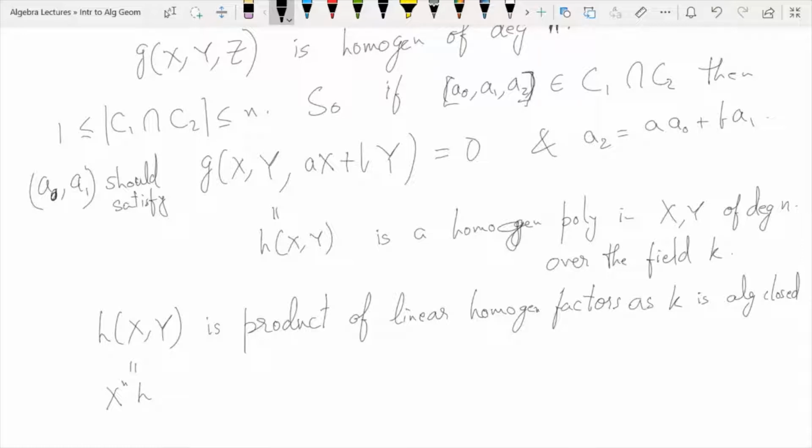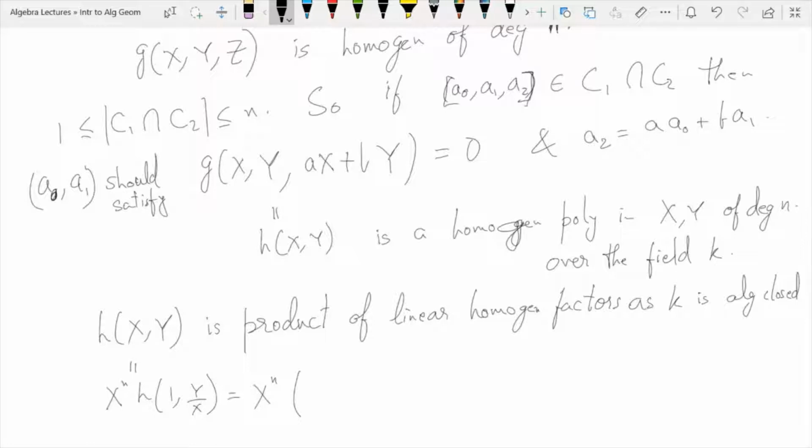Now it is a polynomial in one variable Y over X, which you can call U, and try to solve for U. Now this polynomial h1(Y over X) may not be of degree n, but maybe something smaller.